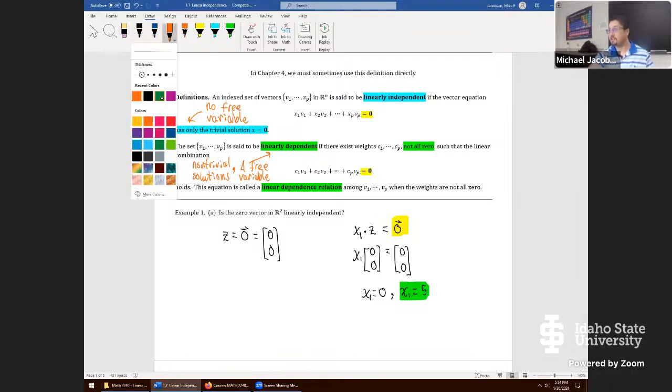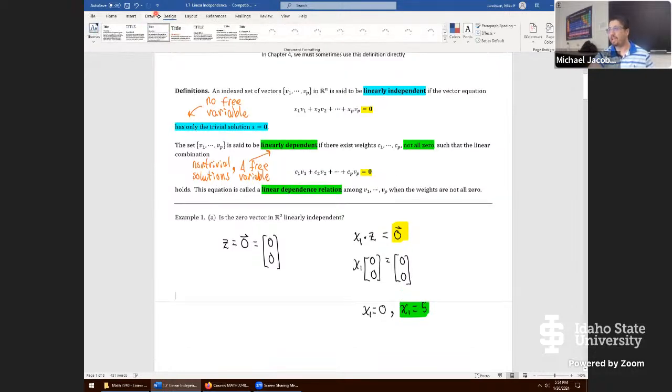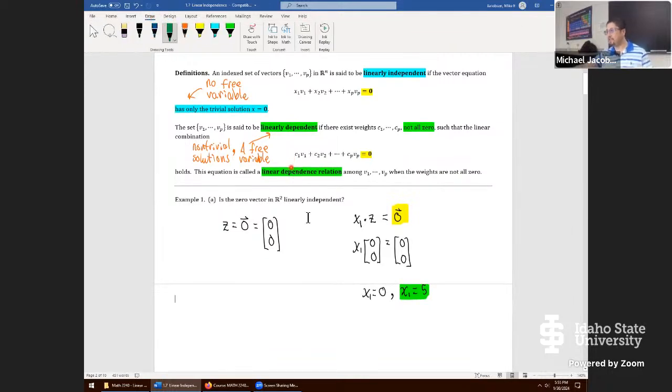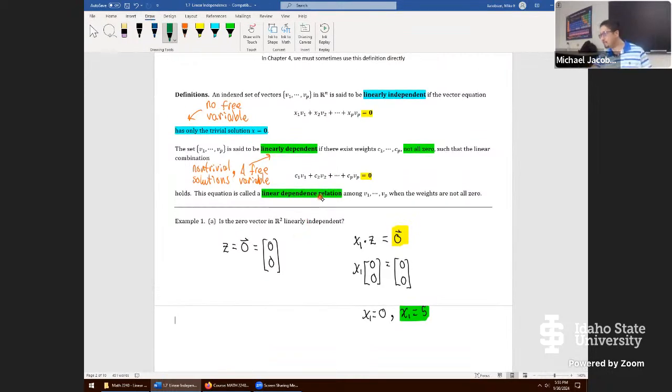And this finally tells us, so it's kind of tricky to see right away, by the core definition, Z is linearly dependent. So our first vector to consider, definitely it should be the zero vector. This one is dependent on its own.